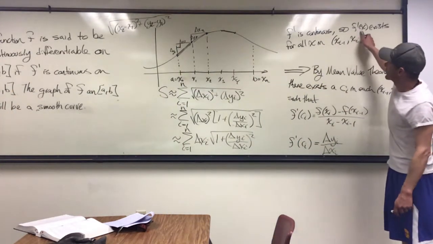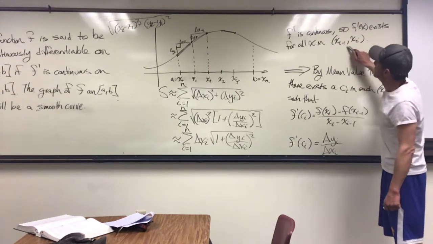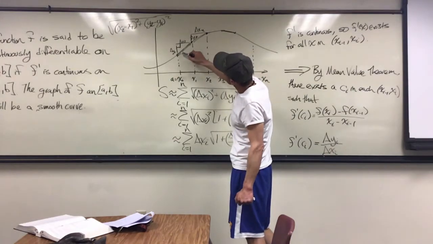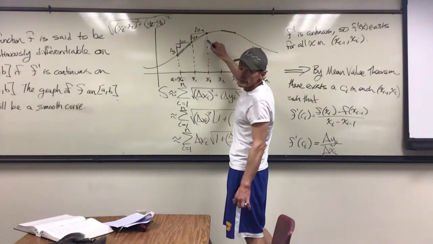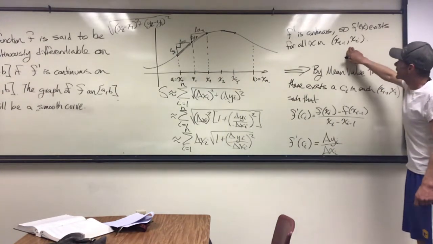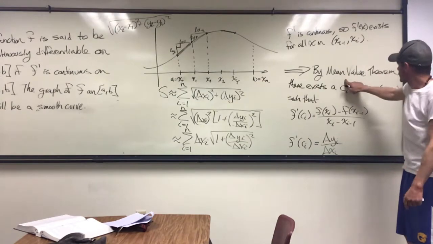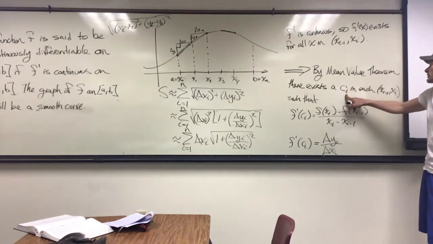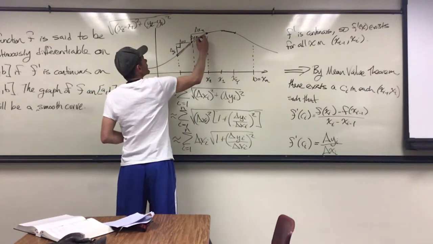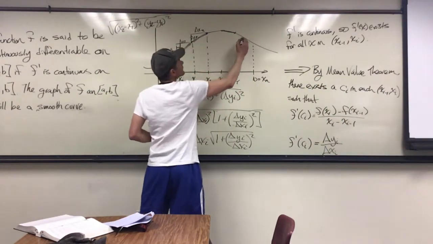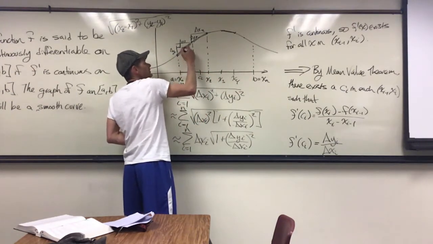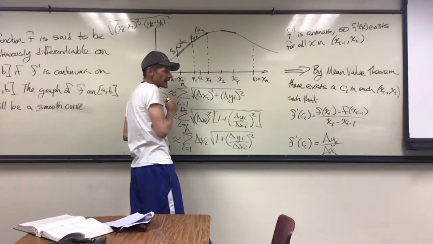Okay, so remember that we said over here that f prime is continuous on this interval, and if it's continuous, then this derivative exists for every x in each one of these intervals. We said that f prime is continuous. It's continuously differentiable. And then we can invoke the mean value theorem. The mean value theorem says there's a c sub i in each one of these intervals that we can calculate that derivative exactly at.